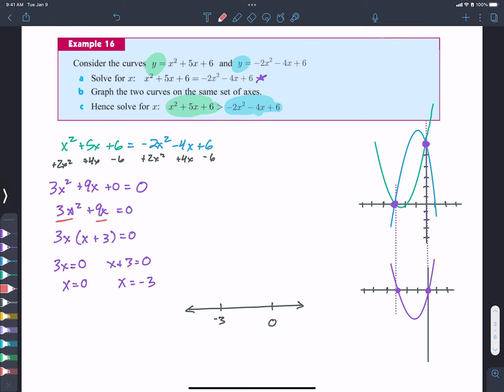So let's start with the outside over here on the left. I'm just going to pick -10. I'm just picking -10 because it seems like it will be an easier number to work with. So as I drop -10 into my different equations, I've got the x squared plus 5x plus 6, and then I have -2x squared minus 4x plus 6.